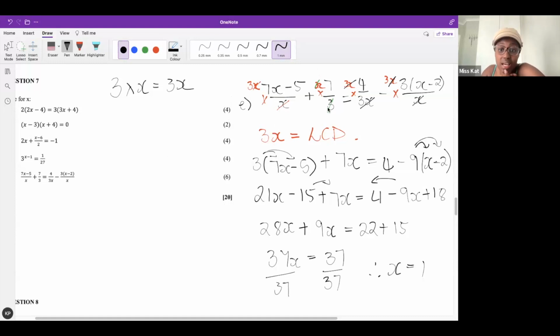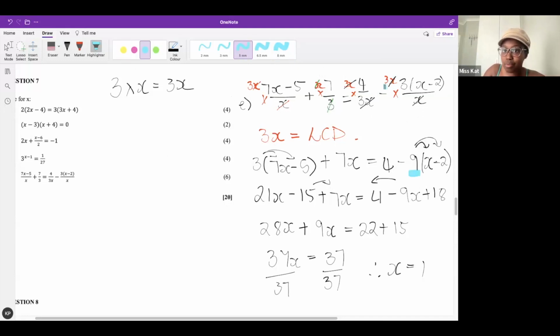So the 3's cancel out and the x is left over. Here we had both the 3 and the x, okay? So then it just cancels out. You're left with 4. And the last one, we only had an x, so the x's cancel. You're left with 3 times 3, and that's where the 9 comes from.